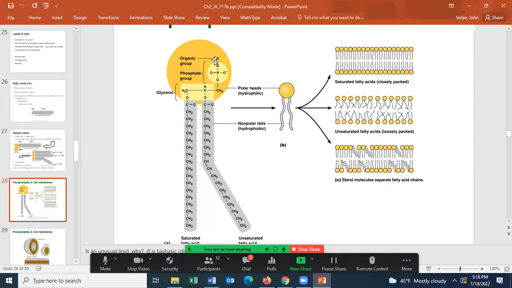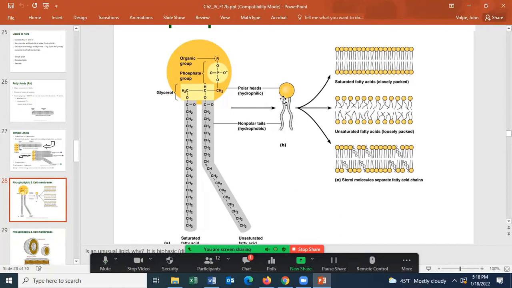Any question about that? So the head is polar because of the phosphate group, and it actually is charged. And then the tail is nonpolar. And that's what the molecule looks like.